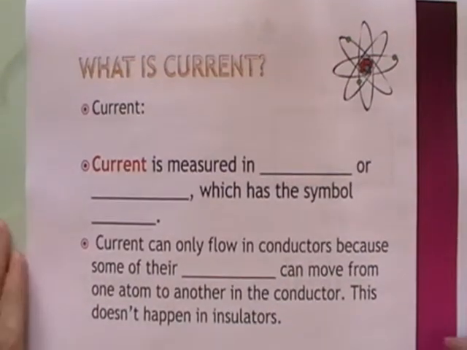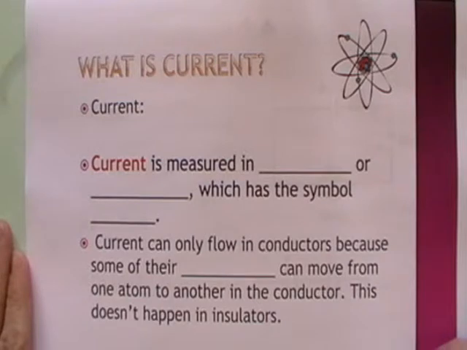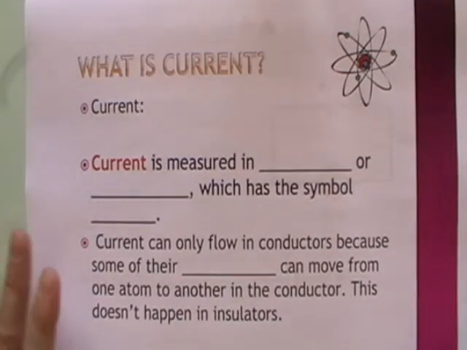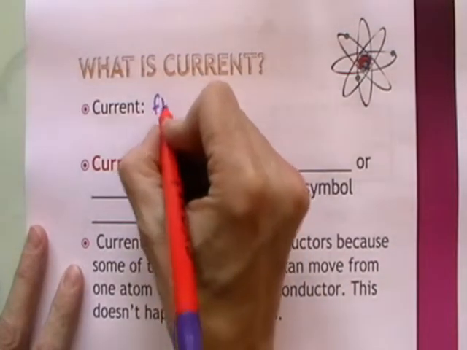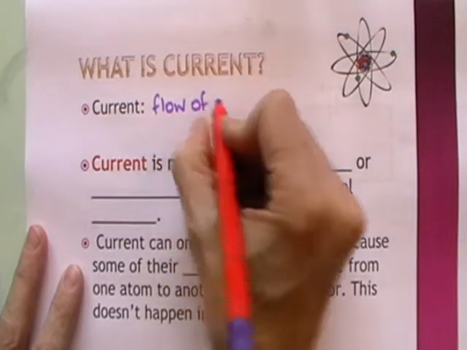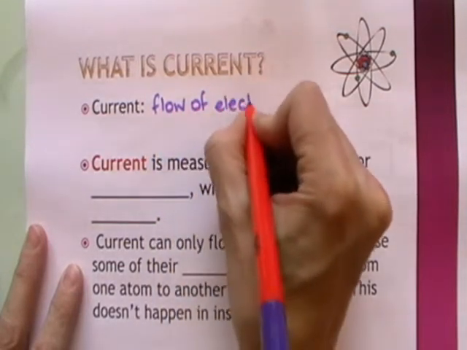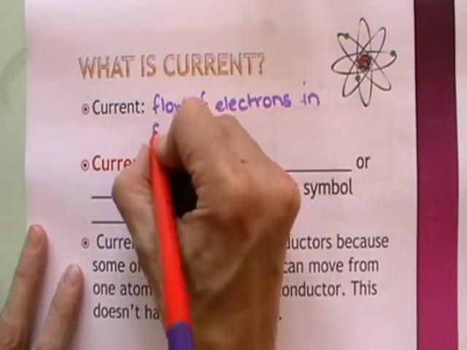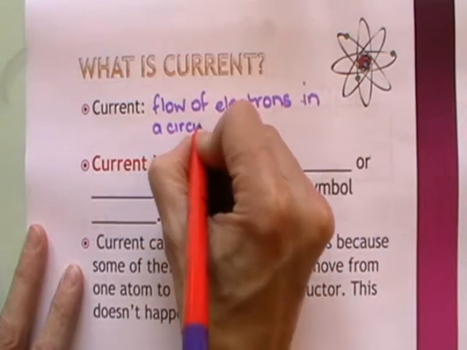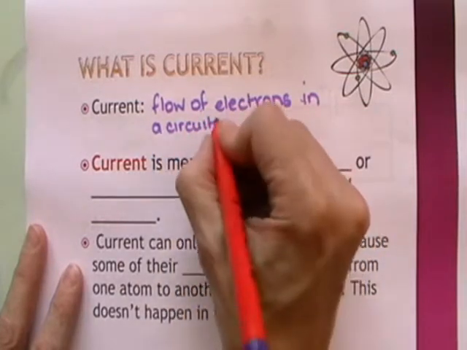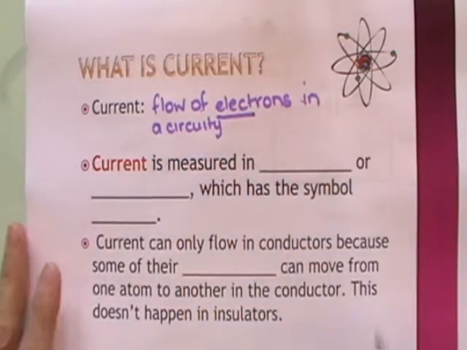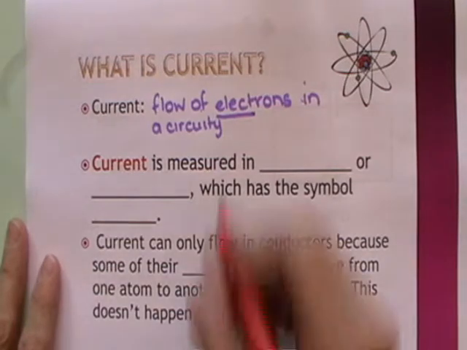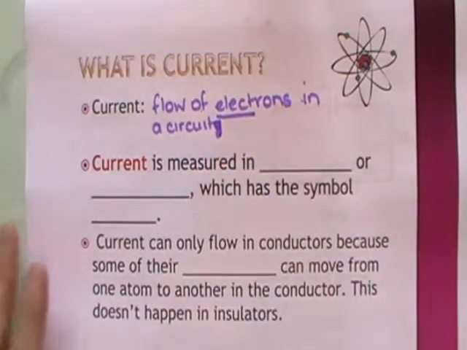So what is current? Now we've already mentioned this in the previous 2 parts, but current of course is a flow of electrons. So it's a flow of electrons through conductors in a circuit. And that, of course, is where electricity gets its name from, the elect bit of the electrons in a circuit.